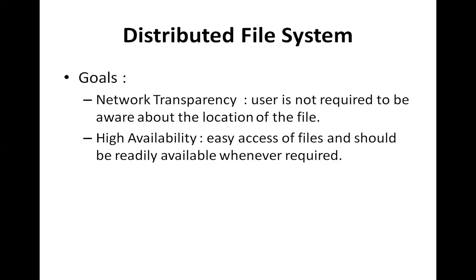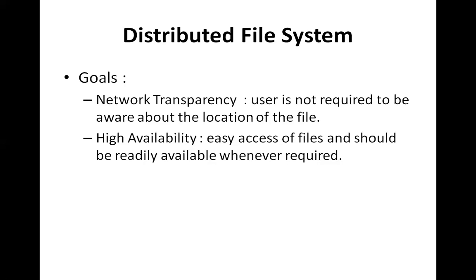The second one is high availability. The meaning of high availability is that whenever a user requires a file or information, wants to access a file, irrespective of its physical location, it should be available to the client.